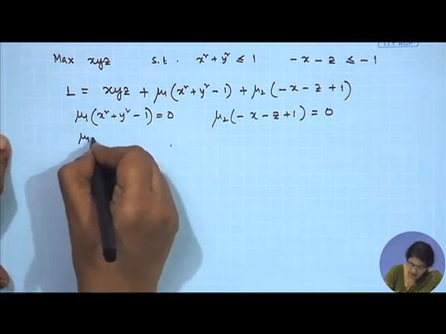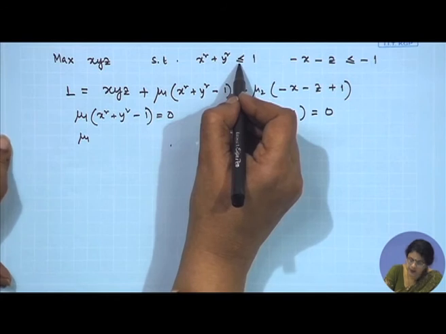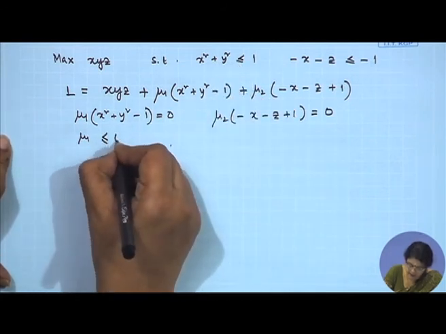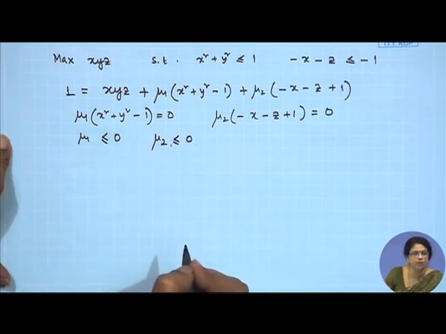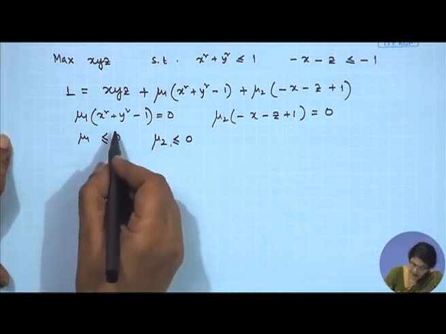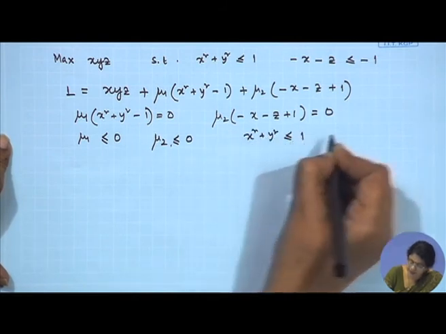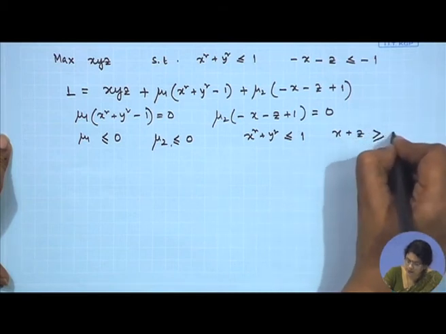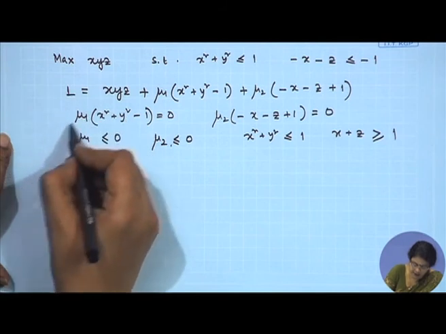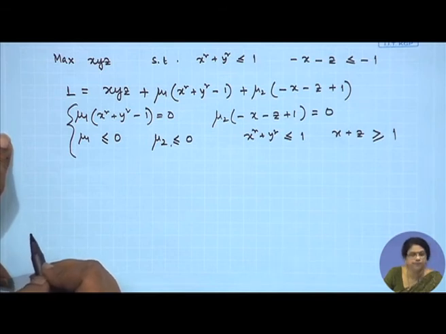We can say mu 1 is maximization type, less than or equal to, that is why mu 1 must be less than or equal to 0, mu 2 must be less than or equal to 0, we know. Okay. What else we can have? We can have x square plus y square less than or equal to 1 and x plus z greater than or equal to 1. These are all the KKT conditions for us. Anything else I left? No, it is okay.